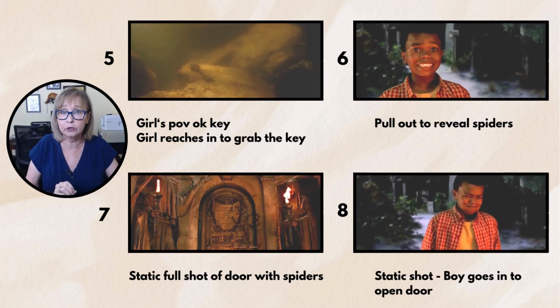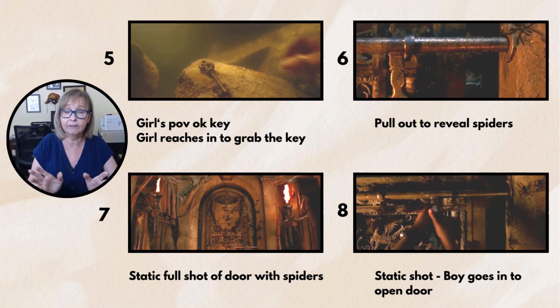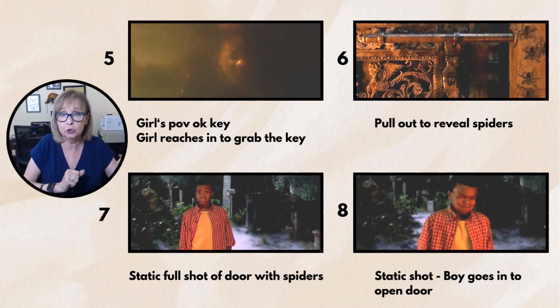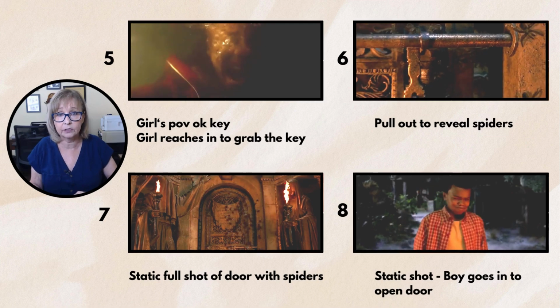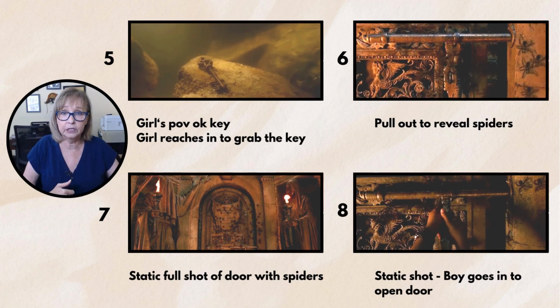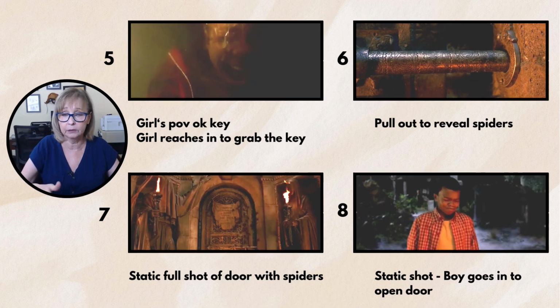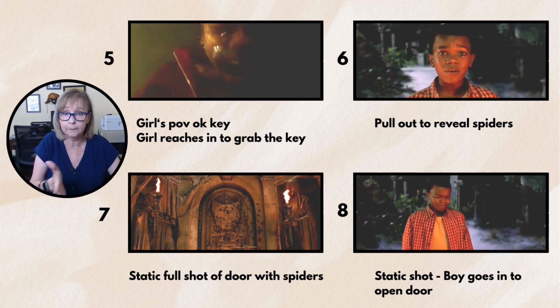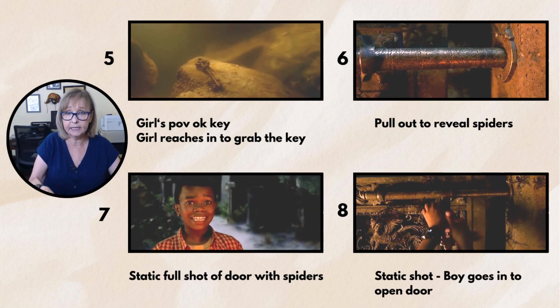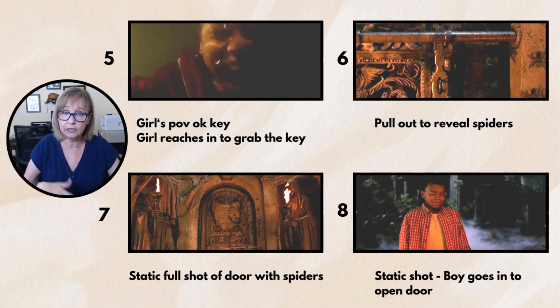So you want to make sure that if they're getting a POV, they have enough footage there to cut back to her and then cut back to the key. All right. So if somebody's doing a POV, they'll say, "Oh, we'll get the POV at the beginning of that shot." Well, you want to make sure that there's enough footage of a static key there for them to be able to cut back and forth.